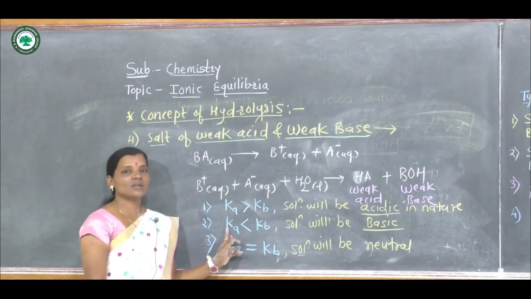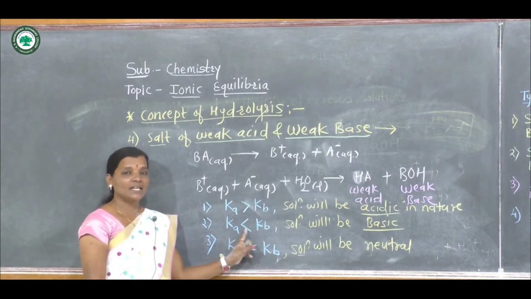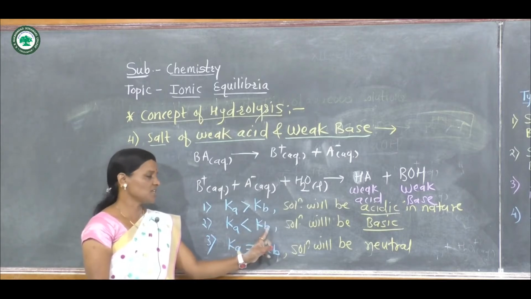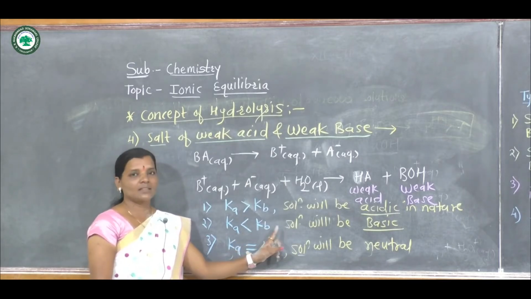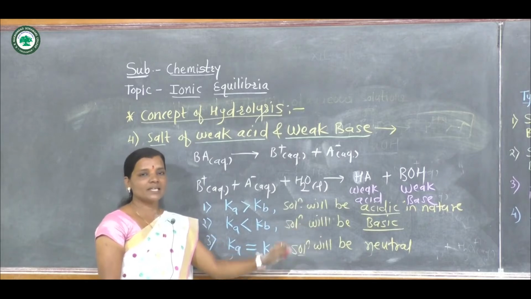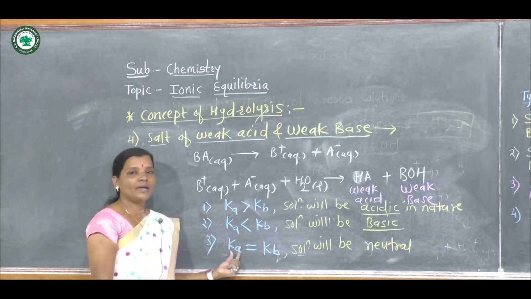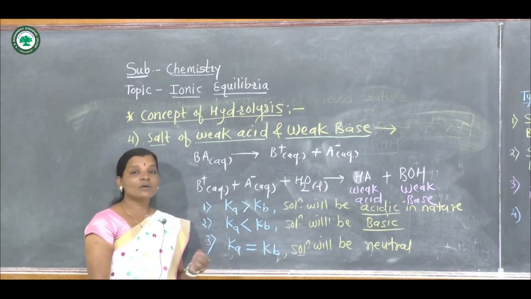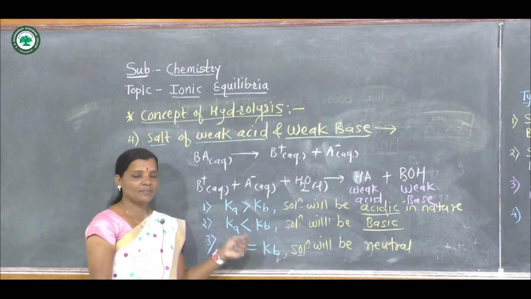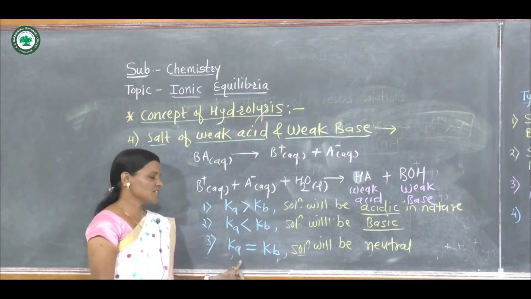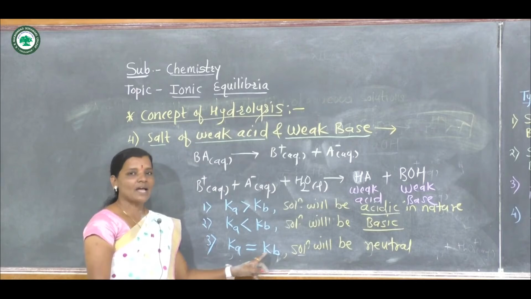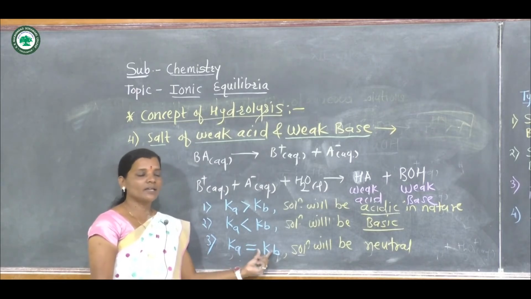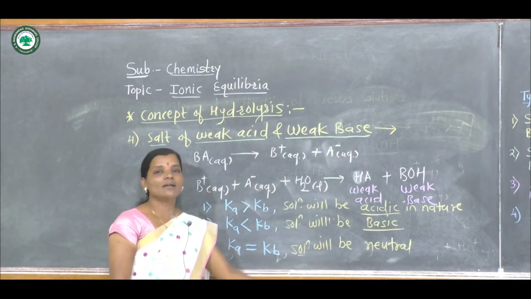When it is less than that of the weak base, solutions are basic in nature. And when the strength of the weak acid equals the strength of the weak base, that means the dissociation constants of both are equal, then solutions are neutral.